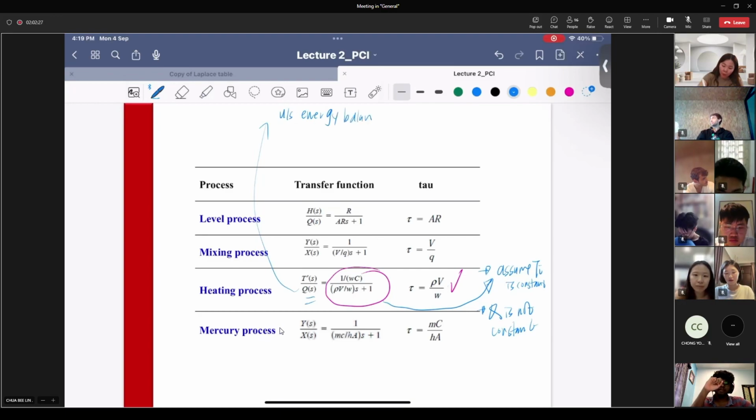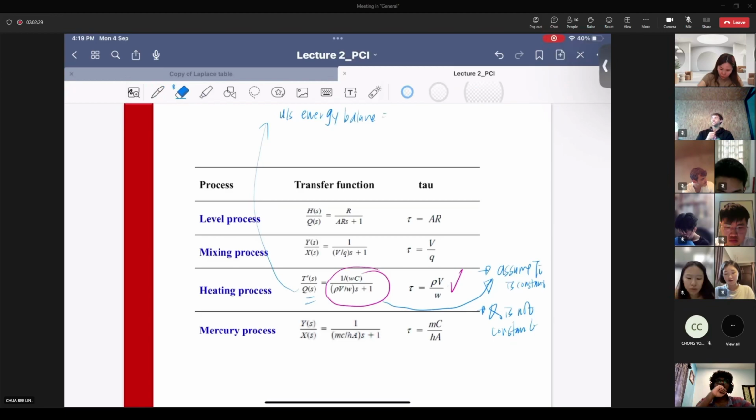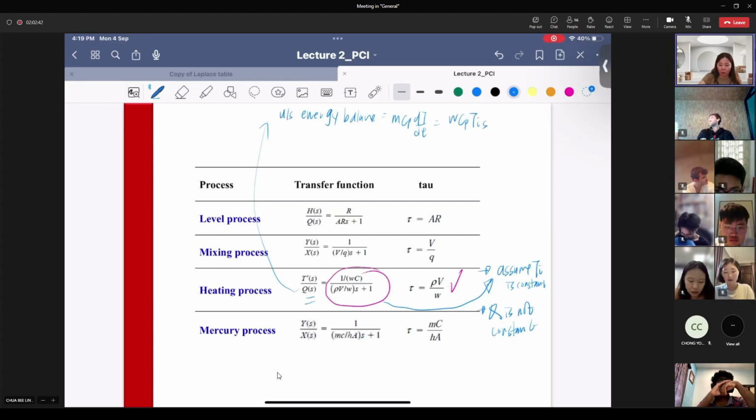So in this example, you'll be having the unsteady state energy balance equal to m Cp dT over dt equivalent to in: omega Cp Ti S, because Ti is constant. Then you have to put the subscript S here.